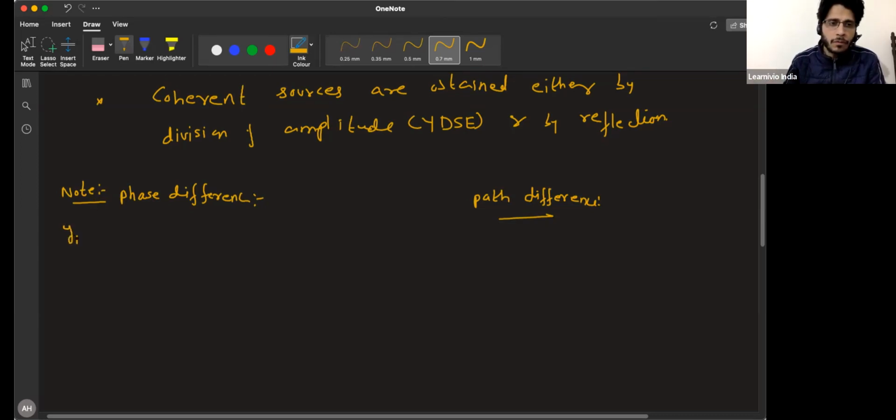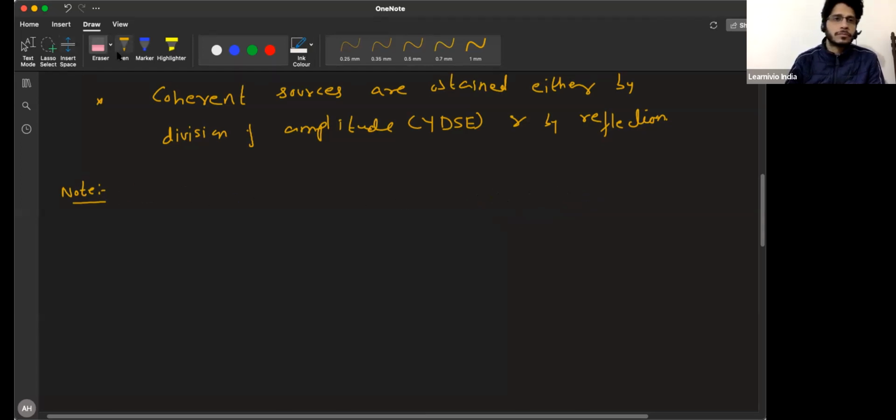Say you have a wave equation. Before starting phase difference and path difference, I should first discuss the wave equation.